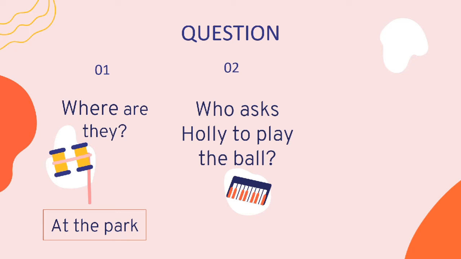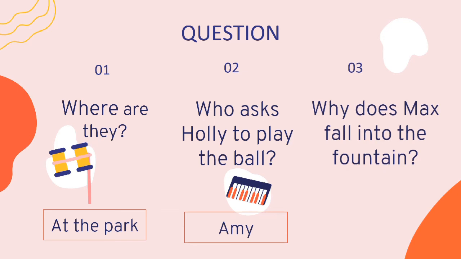Do you still remember? Yeah, let's open your book. Open your book and check. Holly, Amy or Max? Yeah, you're right. Amy. Amy asked Holly to play the ball. Next, the last question. Why does Max fall into the fountain?